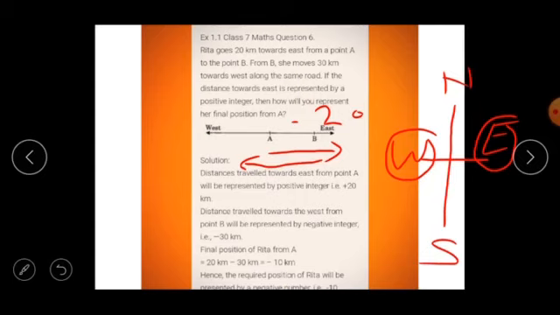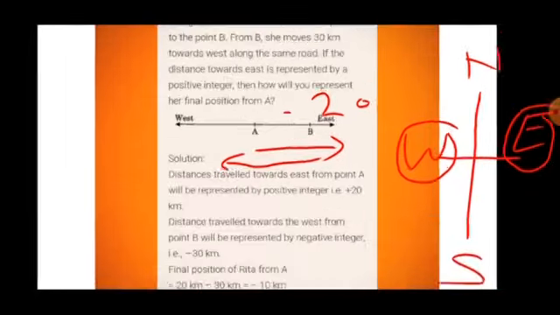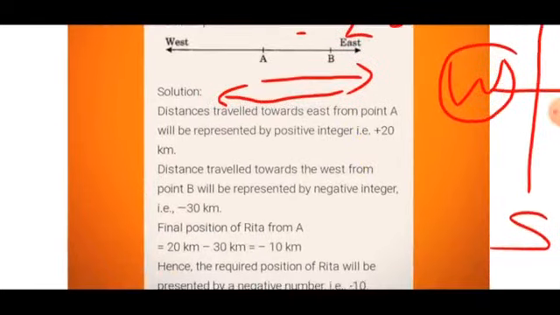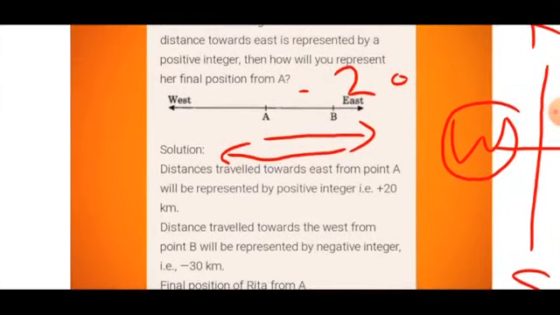Here is the solution. Distance traveled toward east from point A will be represented by positive, as I am moving toward east direction.